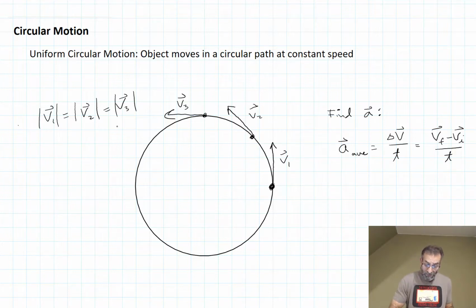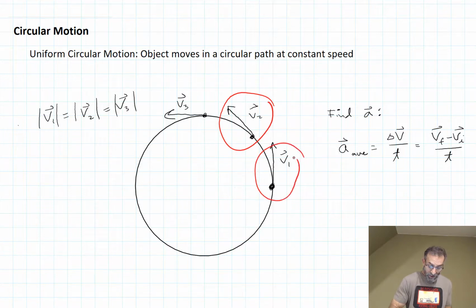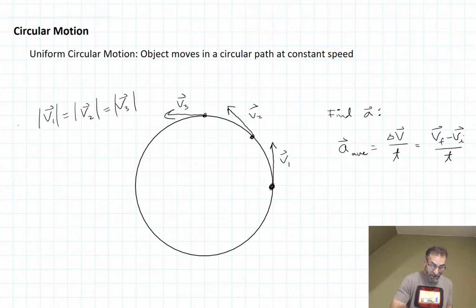So if we have v final minus v initial, in the time interval between 1 and 2, v2 would be our final velocity and v1 would be our initial velocity. So v2 minus v1 is the same as v2 plus the opposite of v1. I'll use green. So the opposite of v1 would point like this.